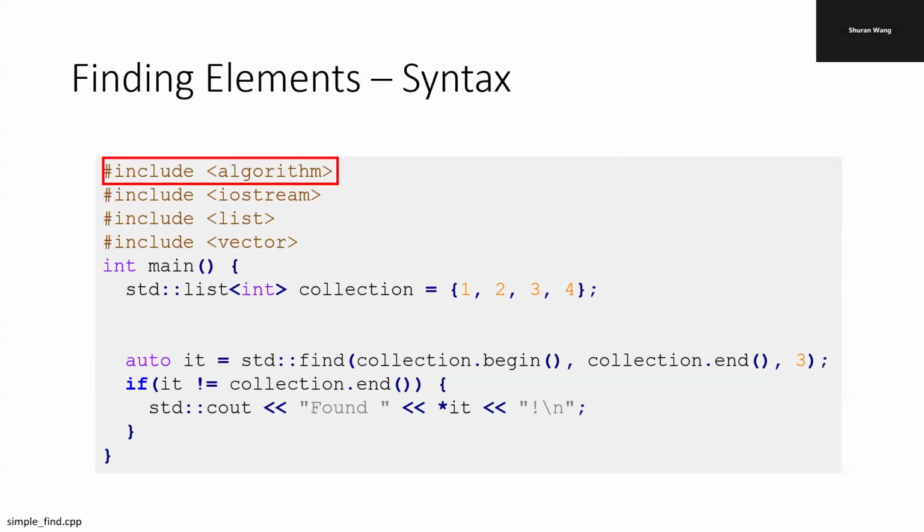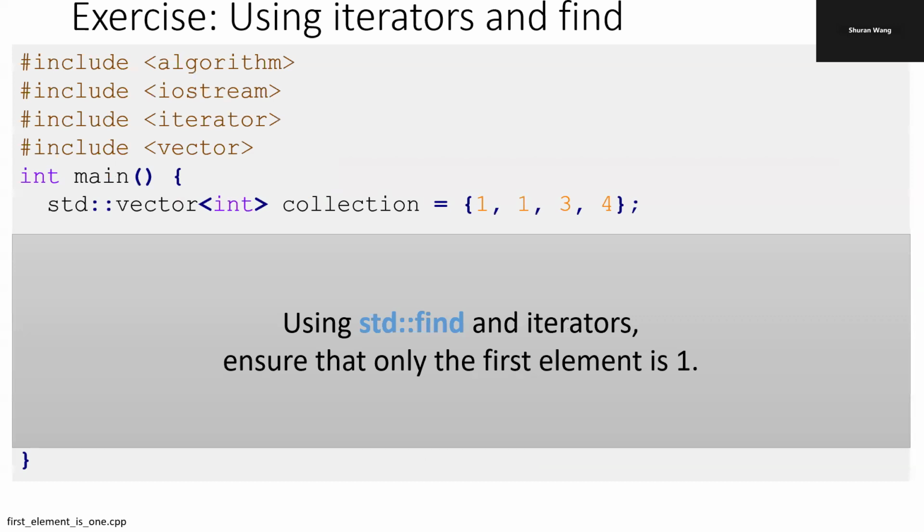Keep this in mind and let's do our last exercise. So what we actually want here is we want to use std::find and iterators. We want to make sure that the first element is 1 and only the first element is 1. So we want to do 2 comparisons. One is whether the first element is 1 or not.